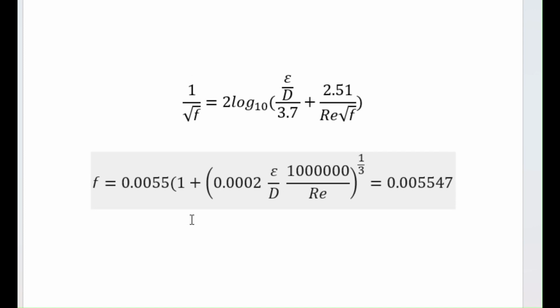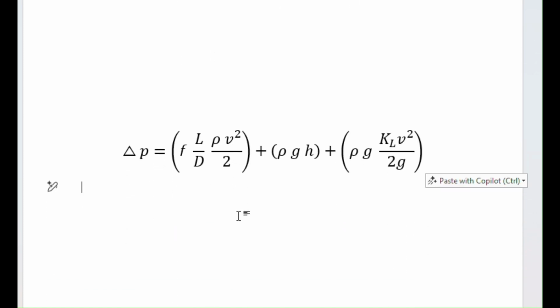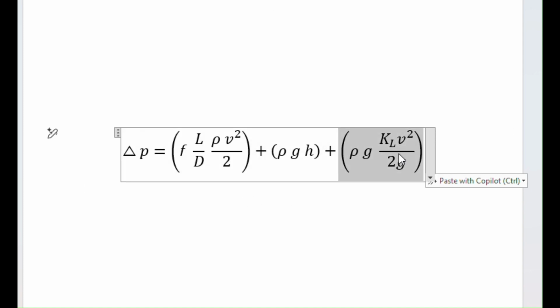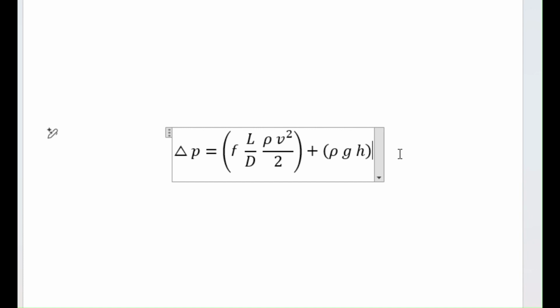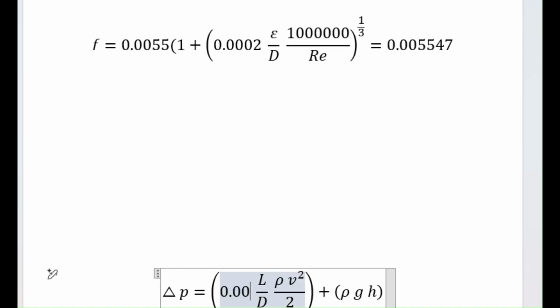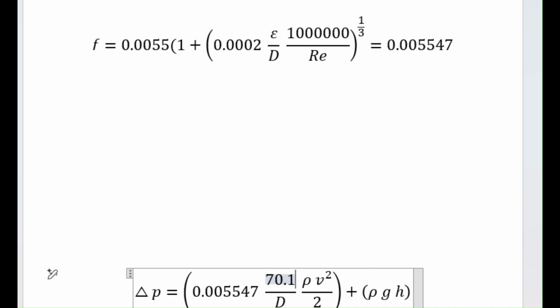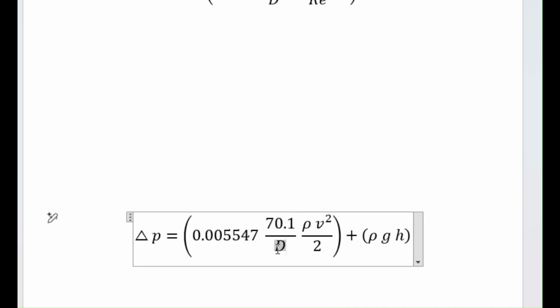So now we have all the parameters that we need to calculate the pressure drop. And as we said, this one we don't need because we use an equivalent length factor that would account for fittings. So now we could just basically plug these numbers in there, and you could do it in Excel, or you could do it in a calculator if you want to do it in paper and pen, which I usually like to do.